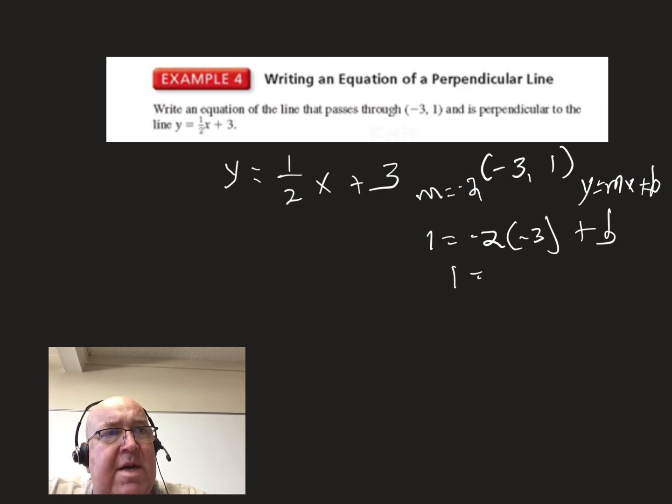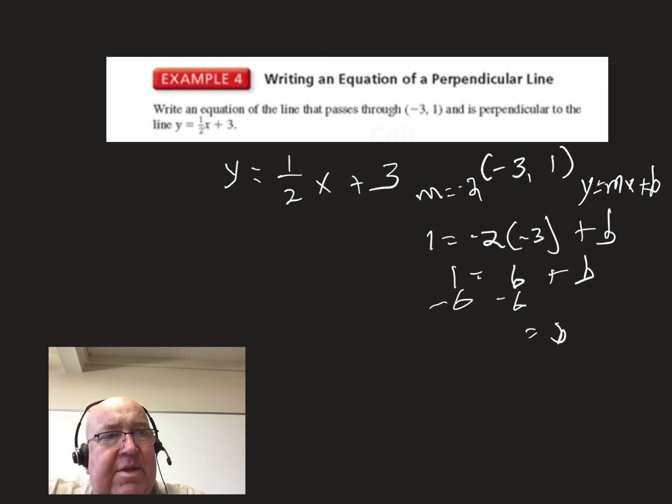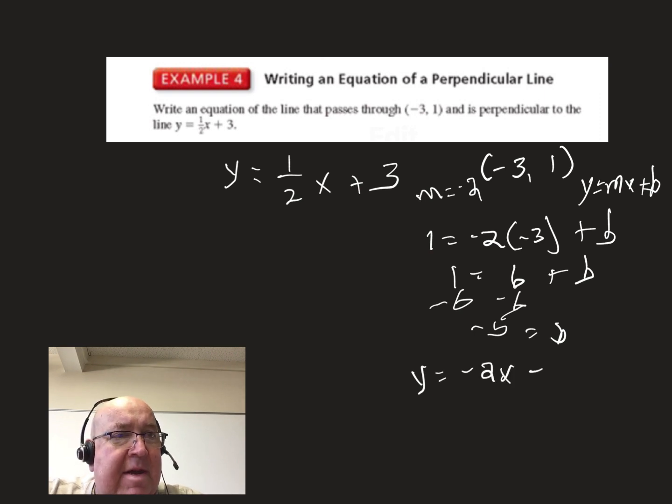We're going to have 1 equals 6 plus b. We're going to subtract 6 from both sides. And our b value is going to be negative 5. Now we can write the equation of that line. y equals negative 2x minus 5.